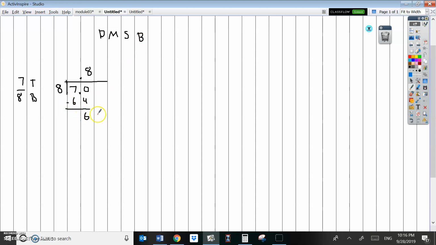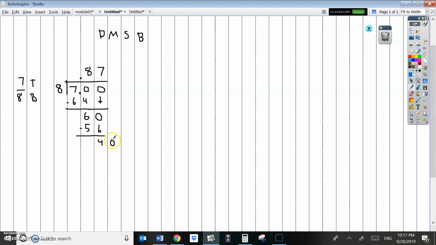Bring down a 0. How many 8s in 60? Well, 8 times 7 is 56, and that's close, so 7 goes here. Now multiply. 7 times 8 is 56. And subtract. You get 4.